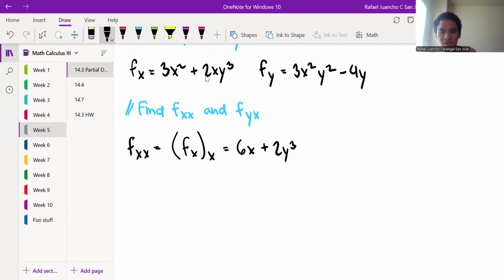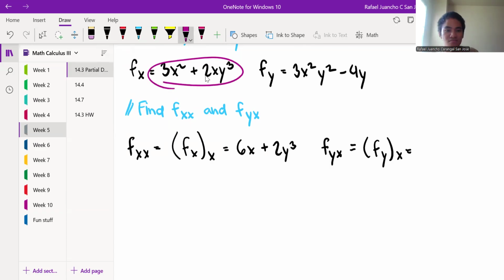And then I find my fyx. So instead of doing it with respect to x again, here we do it with respect to y. So I have that. Let me look at this thing again. So here I treat my x as a number.